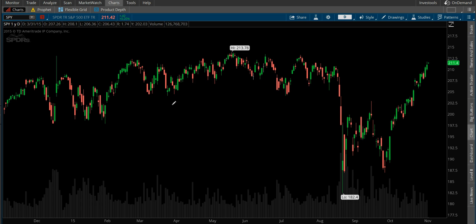But that level becomes significant because that's an area where buyers and sellers have kind of disagreed. Whenever we're moving down, the sellers are in control. Whenever we're moving up, the buyers are in control. But at the point where the pivot met, there are buyers and sellers that at that moment were in agreement.